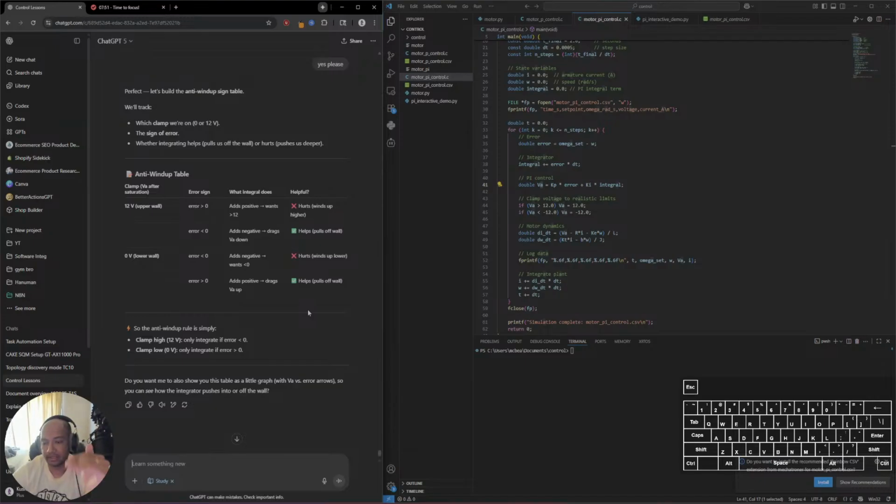It drags V8 down, pulls off the wall. Is 2 less than 0? No. Is 1 greater than 0? Yes.